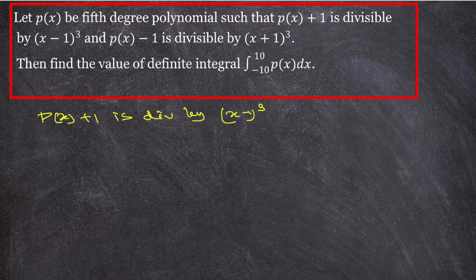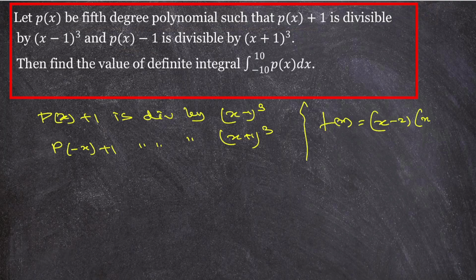So therefore we can say P(minus x) plus 1 is divisible by (x plus 1) whole cube. I am just explaining. For example, f(x) is a function that is (x minus 2) into (x minus 3), so it is divisible by (x minus 2).